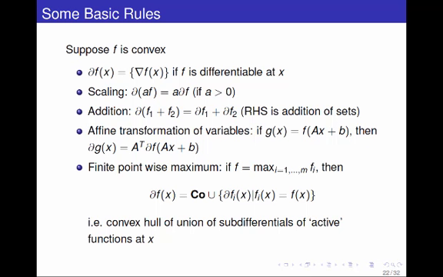Here, both of these are active. So the subdifferential at point 0 is the convex closure of the subdifferential of minus x, which is minus 1, and the subdifferential of x, which is 1. And the convex closure of these 2 points is the interval from minus 1 to 1. Geometrically, all of this is saying that any slope in between will work. So it makes a lot of sense if you think about it.